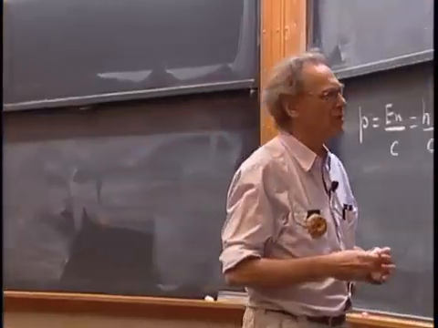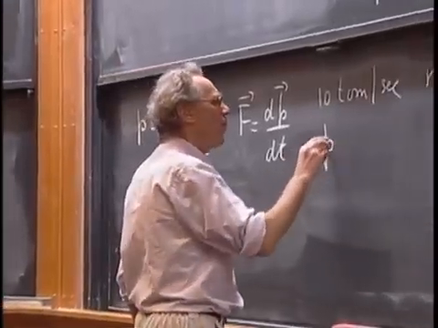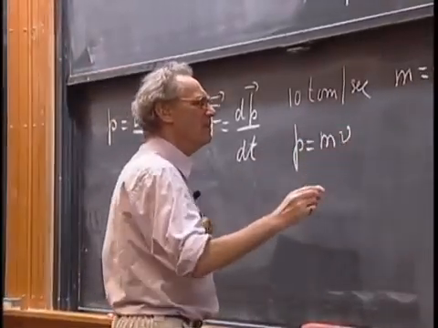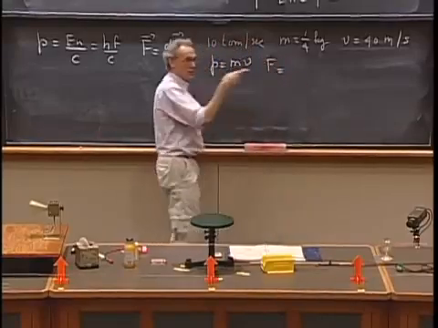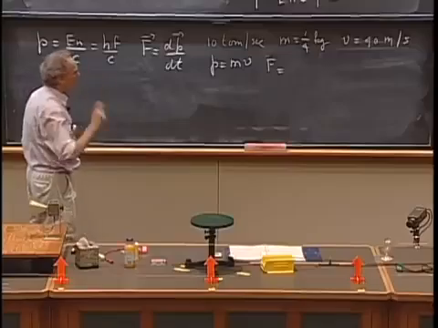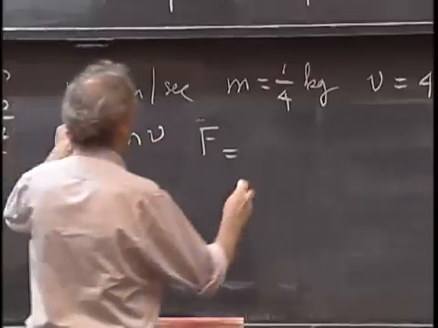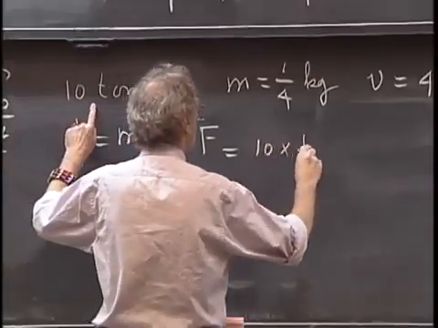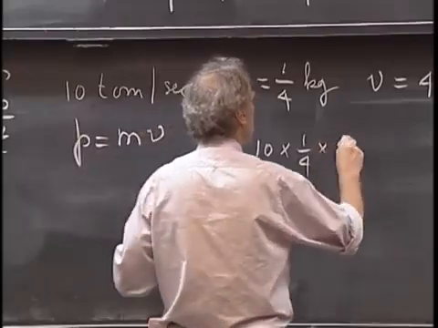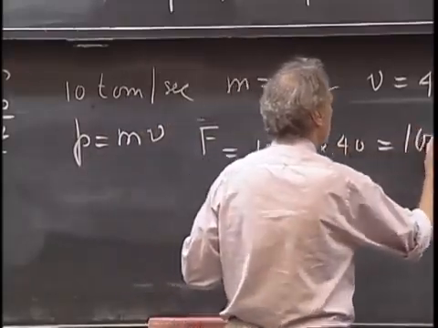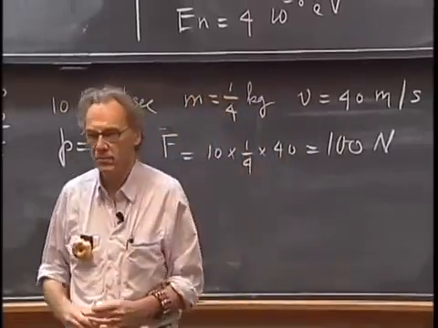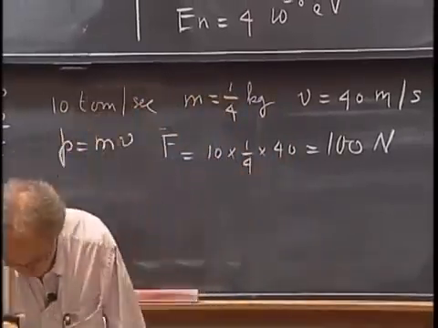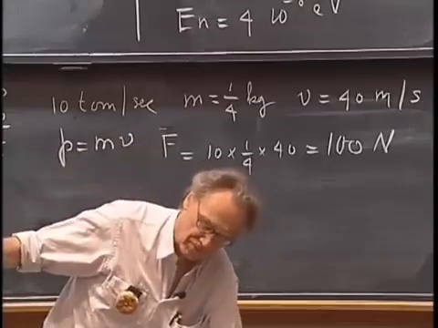The momentum of a tomato is mv, and the force that you will feel in the x direction, the momentum transfer, is 10 times 1/4 times 40, which is about 100 newtons. That is a substantial force. It may actually throw you over. It's a huge force.